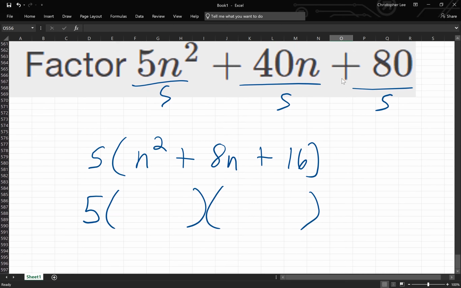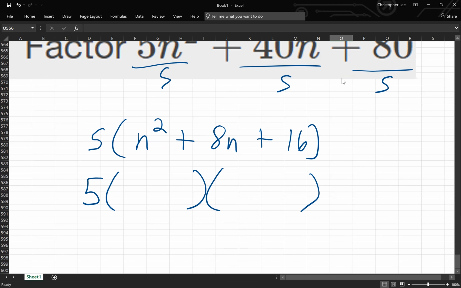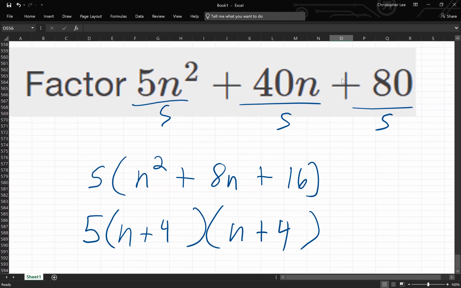They add up to 8, and when you multiply them together, you get 16. What are they? 4 and 4, right? So n plus 4, n plus 4. Right? And then that's it. Questions on this? Don't be scared. You can ask questions. It's all good.